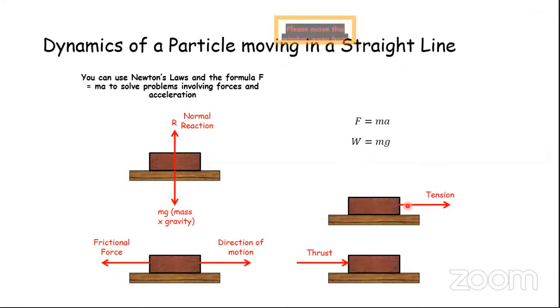In the third, we have tension if we are pulling the body or the object by a string or a rope. And then the fourth is when we are pushing the body. So these are just the summary of what we have just talked about.